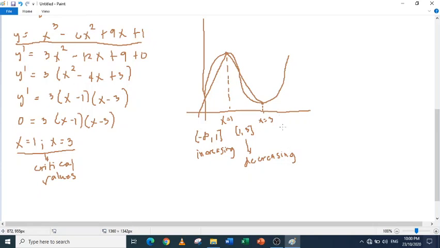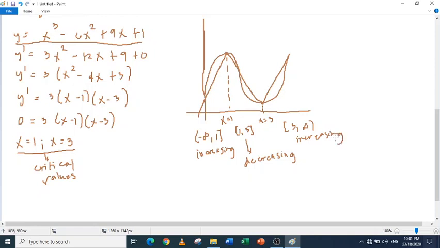And then, sa interval 3 up to positive infinity, so kung tutuloy natin doon, pag ito naman siya, so ang line natin ay pataas. So, the function is increasing.